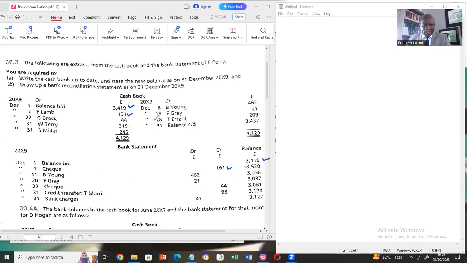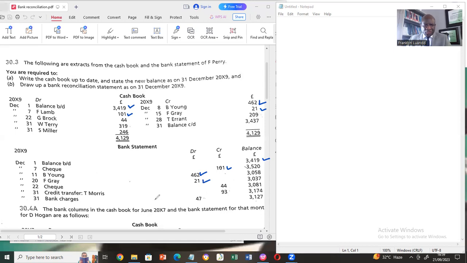So on 8th December, we paid B. Young for 62. That check was presented for payment. It is there on the debit side. On the 15th, we paid F grade 21. That check was presented for payment.